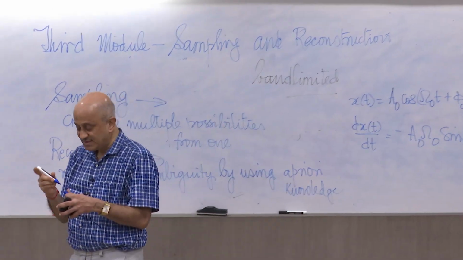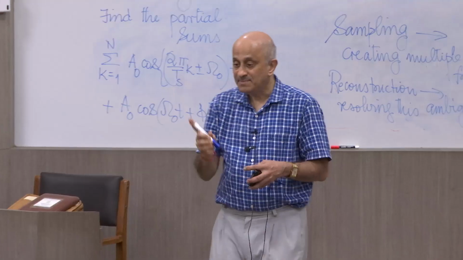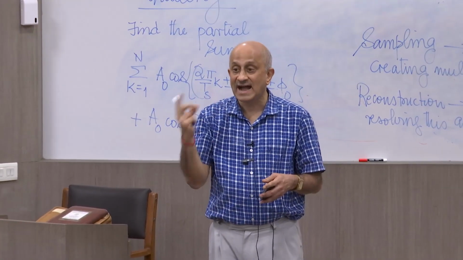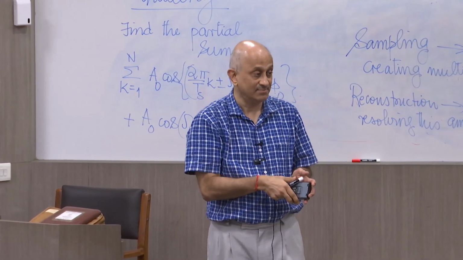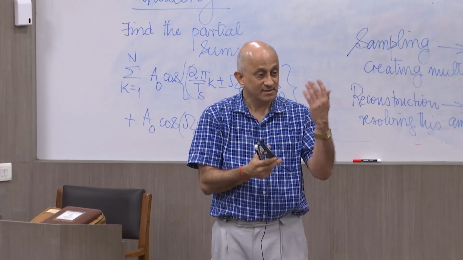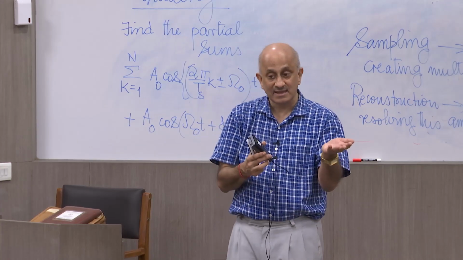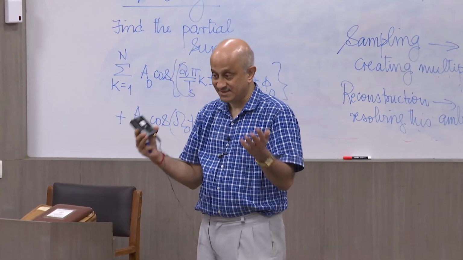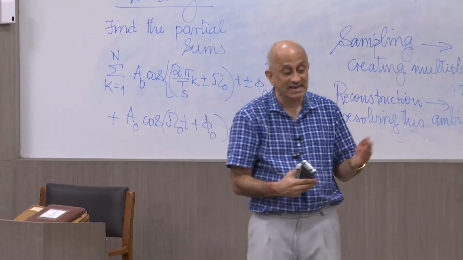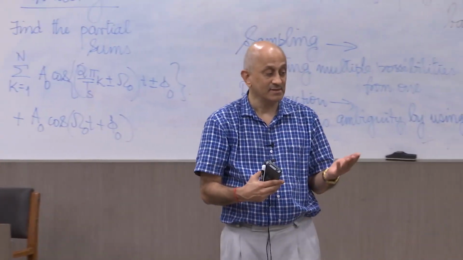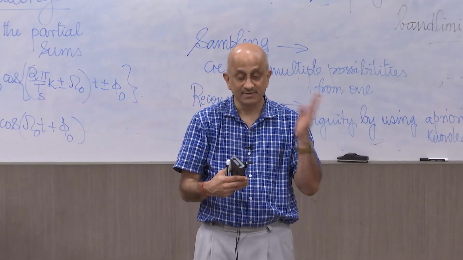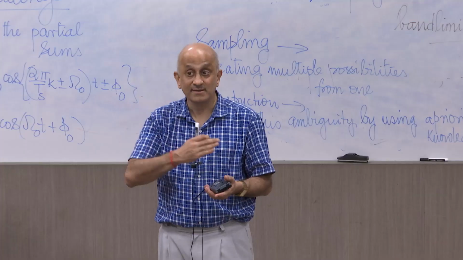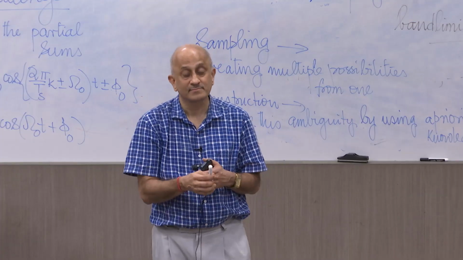And what is the purpose of this sampling and reconstruction? Being able to create the possibility of hybrid independent variables. Continuous independent variable at the input and discrete independent variable at the output, or vice versa. That's right. So, being able to deal with hybrid independent variables is the purpose of the third module, and of course, the whole science behind it.